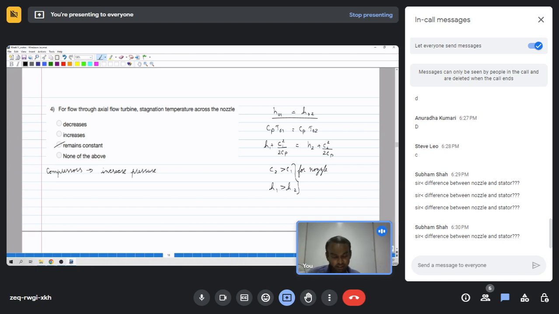So pressure cannot be directly increased by any means. So first we will have a rotor, and this rotor increases velocity, and then you convert this velocity to pressure using a diffuser or a stator.